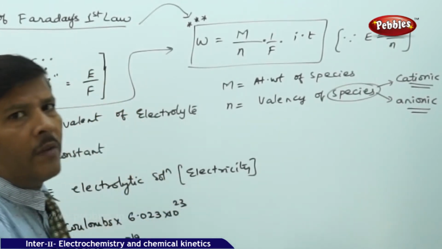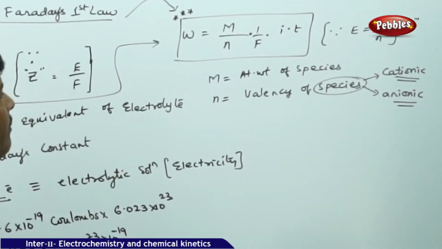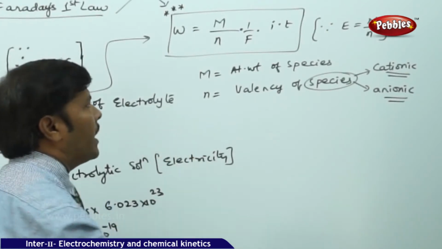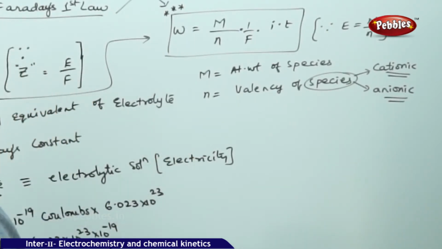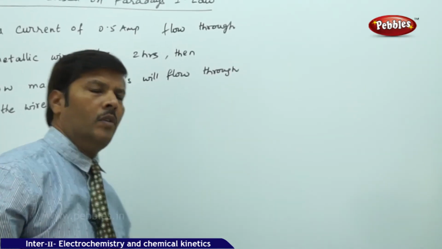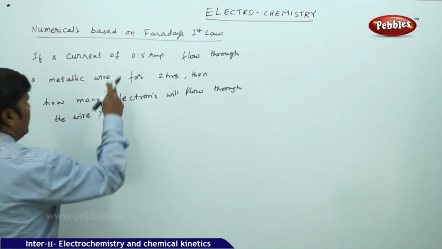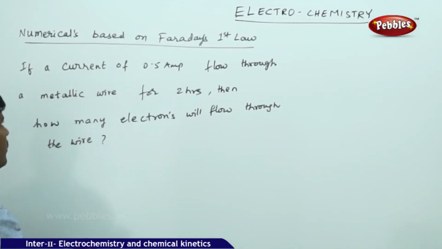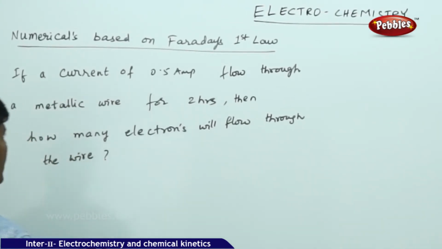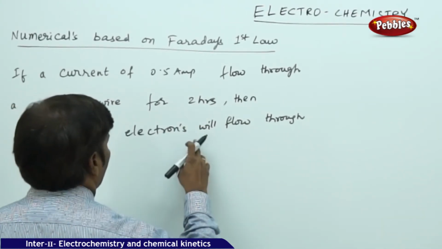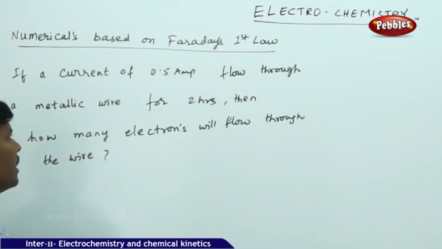So F we know, I we know, t we know, n we know, m we know. So with this formula we can calculate any kind of numerical problem given to us in the case of Faraday's first law. Here, if you look at this problem: a current of 0.5 amperes flows through a metallic wire for 2 hours, then how many electrons will flow through the conducting wire?